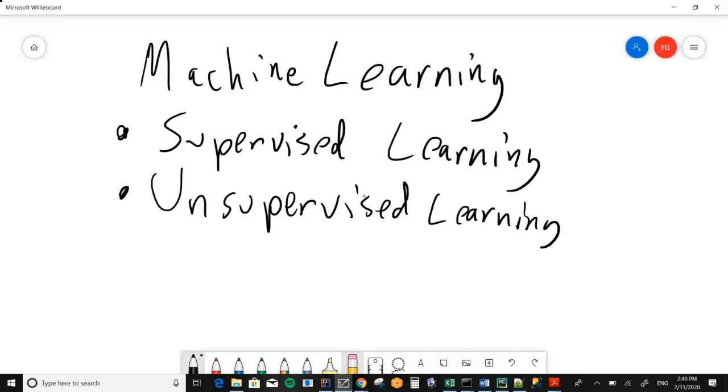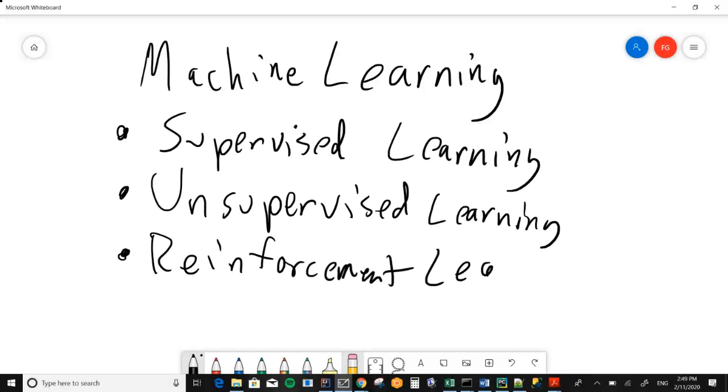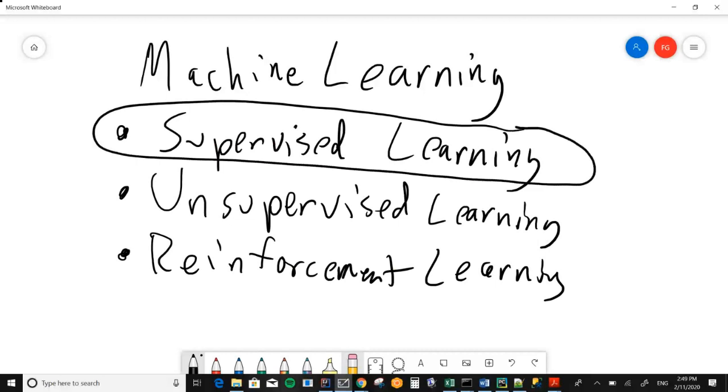And then there's a third category, which is kind of orthogonal to these and works in somewhat different ways, known as reinforcement learning. We're going to spend the bulk of our time examining supervised learning, but we're going to have one project each in unsupervised and reinforcement learning.